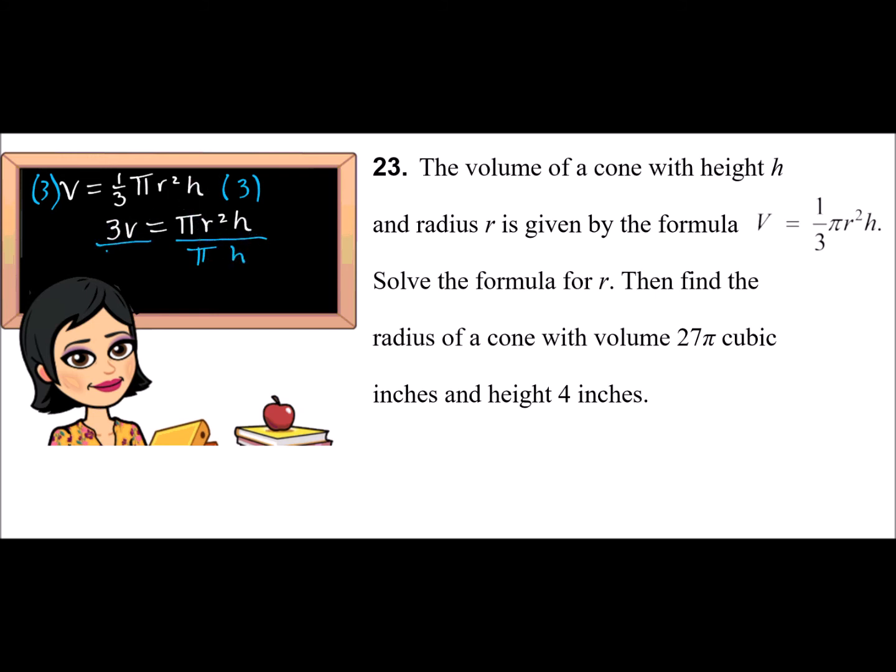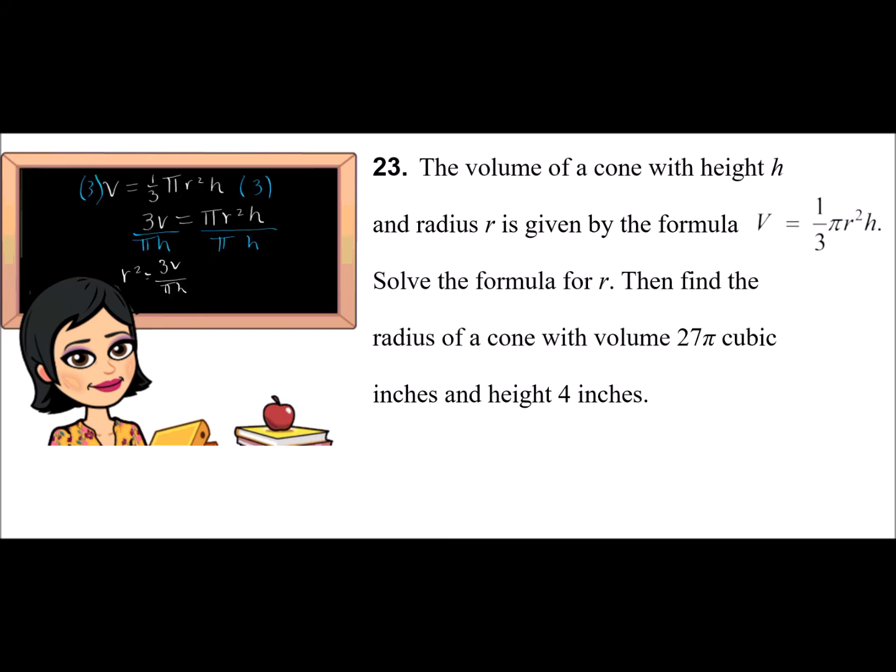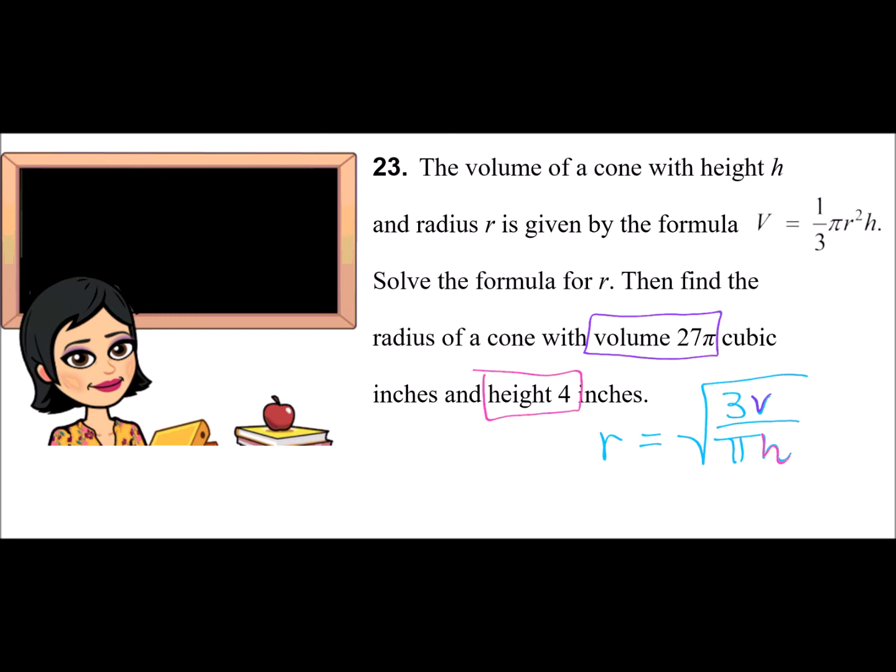I'm going to do the same thing on the other side of the equal sign. The next step is to take the square root. So we're going to end up with the following formula: r equals the square root of 3v divided by pi h. So now we're going to go ahead and substitute in the values that they've given us so we can figure out what the radius is worth. All right, so I've gone ahead and substituted.